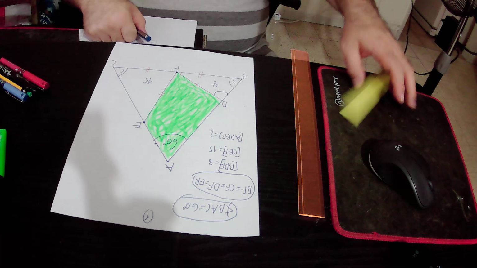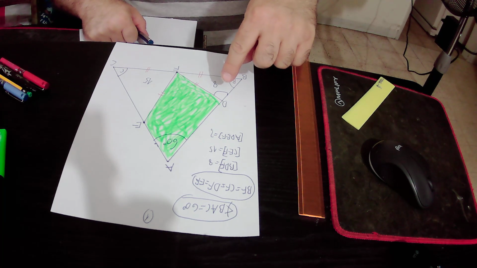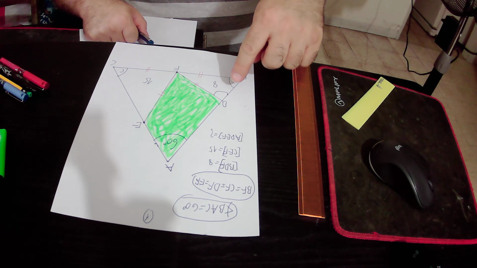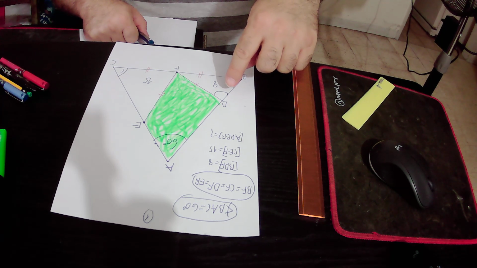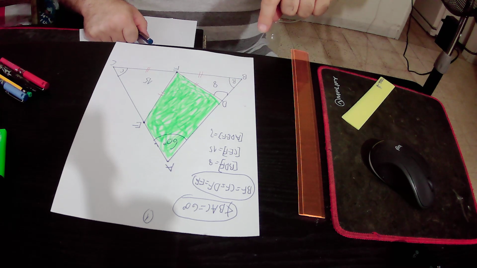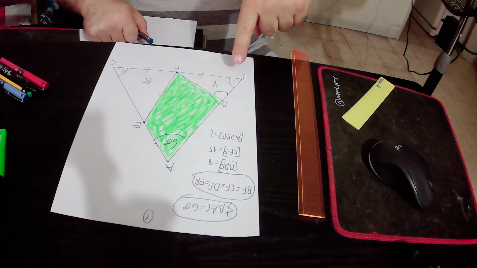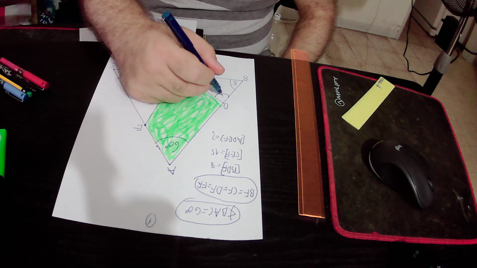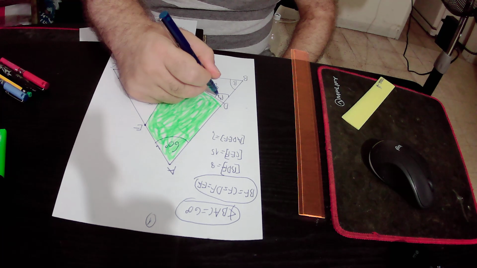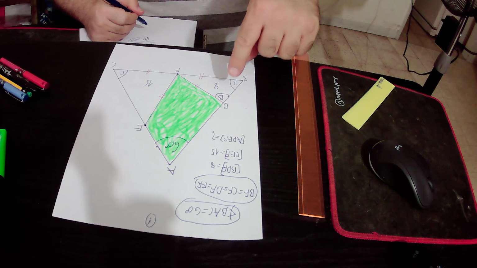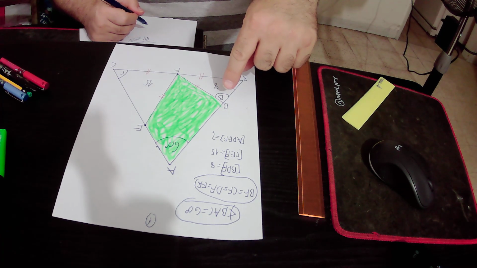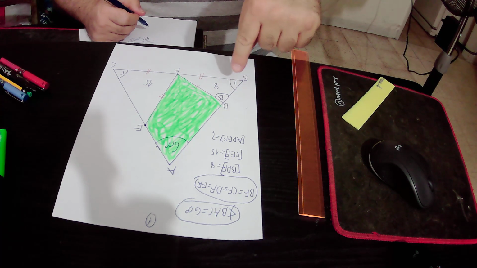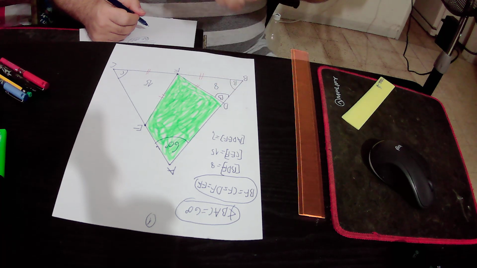So those two angles are located in front of equal sides in triangle BDF, therefore they are also equal to each other according to rule number 1. So if this angle is B, then this angle also must be equal to B.